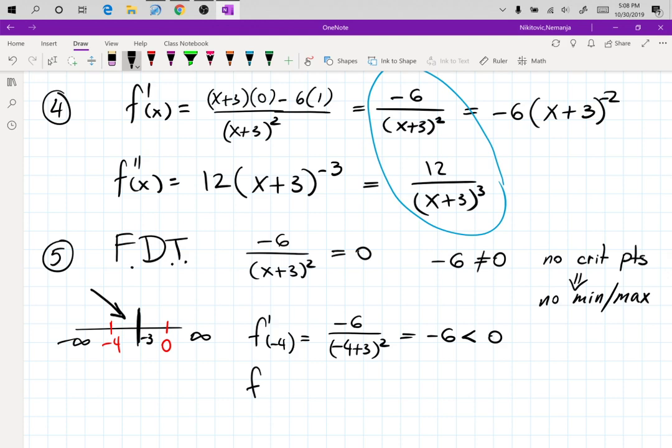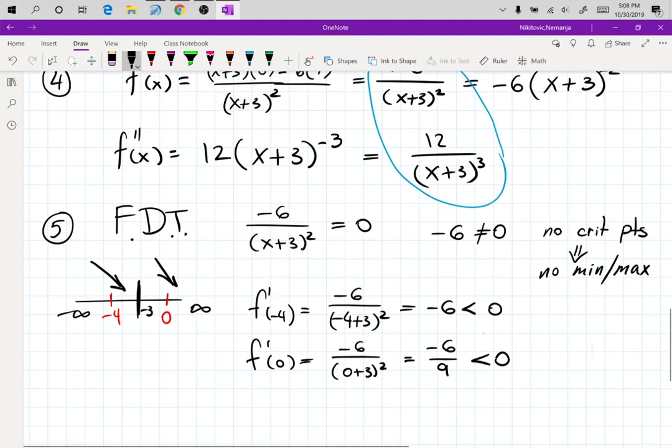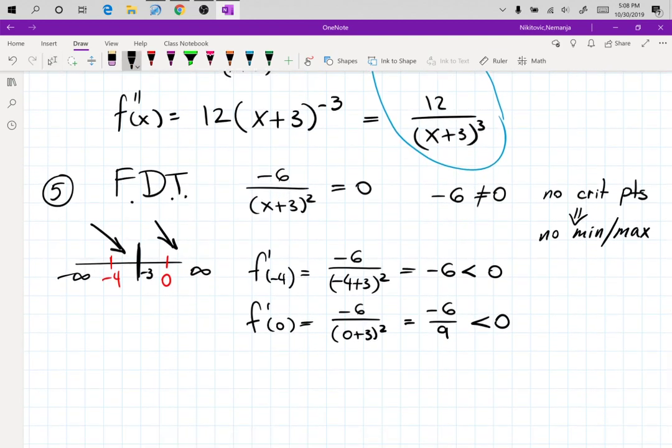When we do f prime of 0, we better get the same answer. f prime of 0 is negative 6 over (0 plus 3) squared, so I have negative 6 divided by 9. That's still less than 0. I have another decrease, as I have foreseen, right? And we have no min-max. So that's what we get from the fifth bullet point: decrease, increase, min and max.